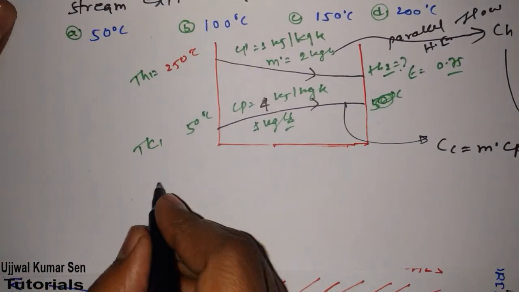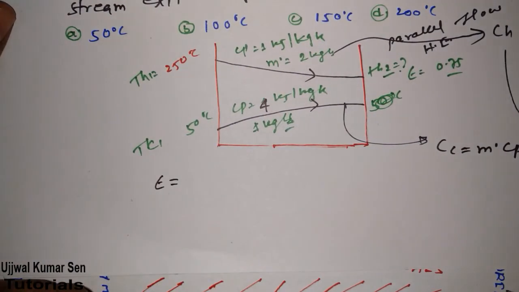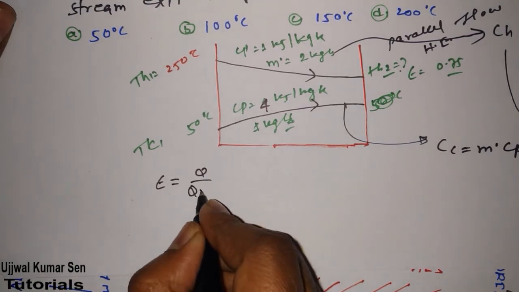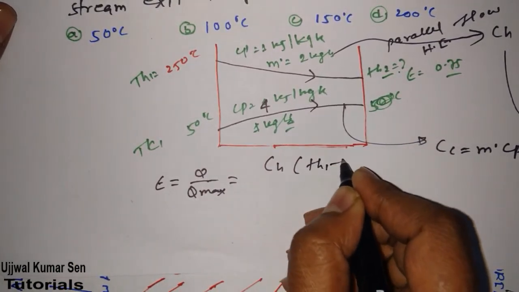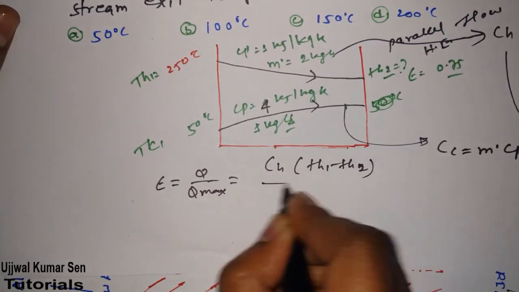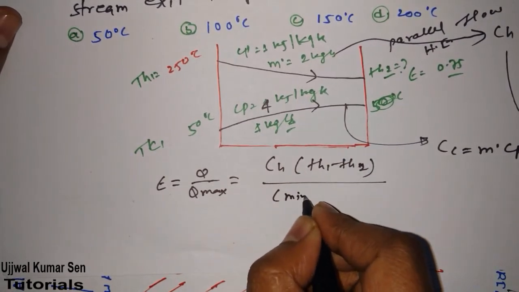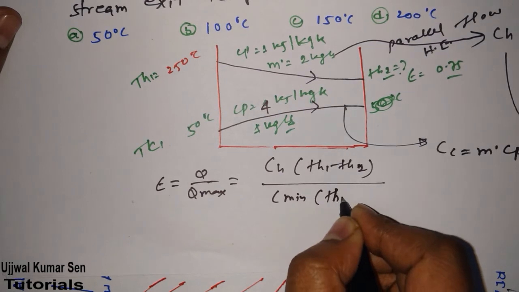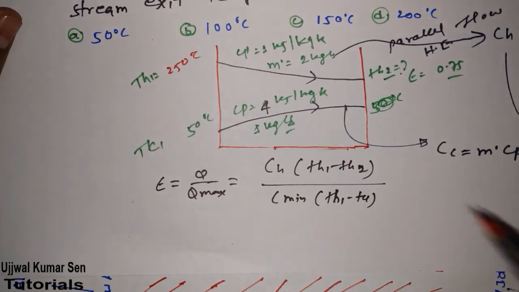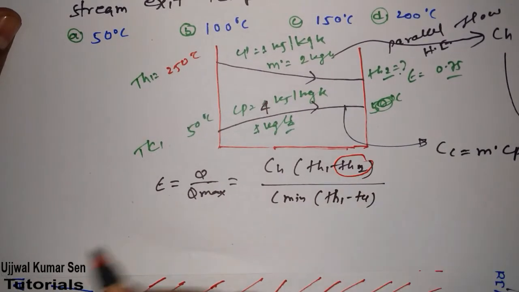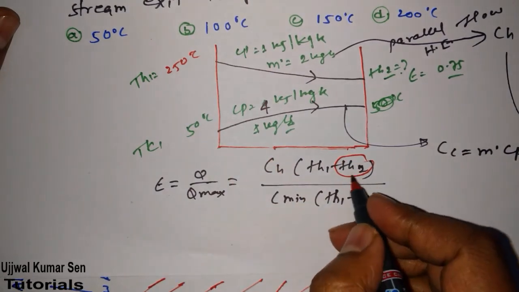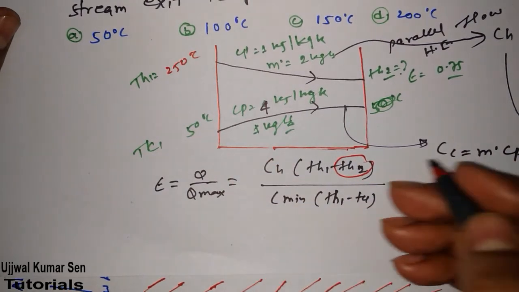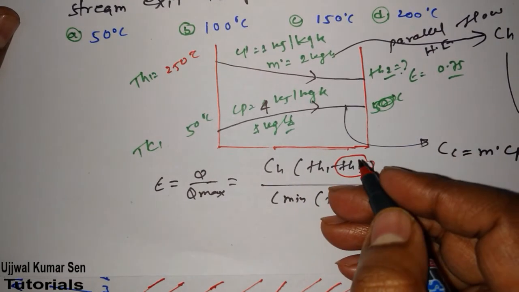Why am I sharing this with you? Because we know effectiveness of heat exchanger is equal to Q by Q max. So we can write it as CH (TH1 minus TH2) over C minimum (TH1 minus TC1). We need to put all values and find out TH2, and that is our required answer in this question.